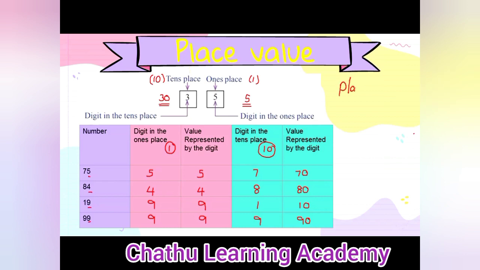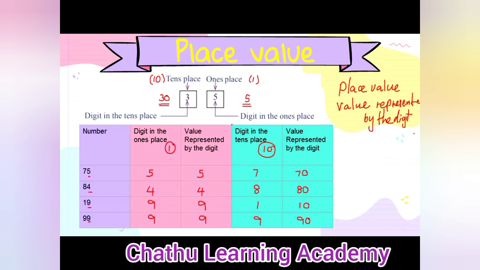What's the meaning of place value and the value represented by the digit? These two terms have different meanings. Place value means the value related to the given place. If we consider the ones place, here the place value is 1.